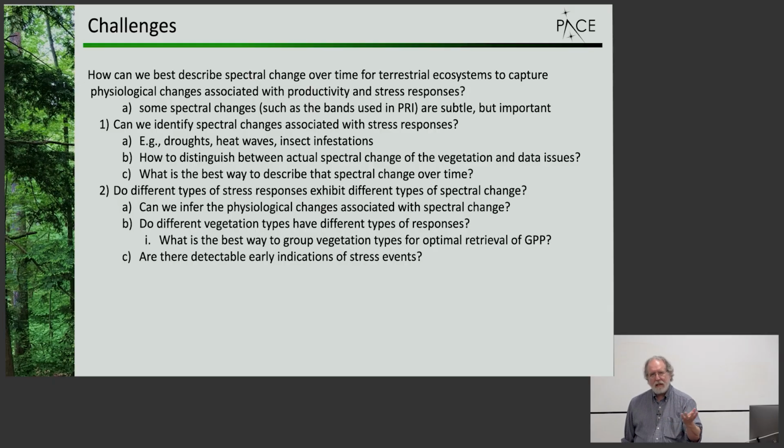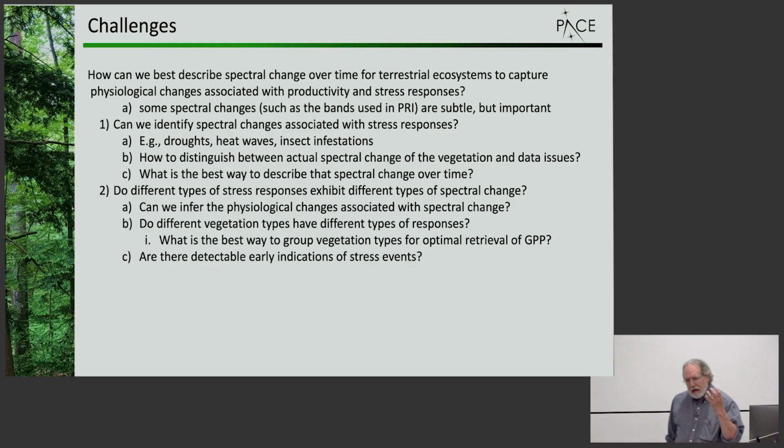Is there some sort of problem with the data processing? Identifying the difference between problems with the atmospheric correction or angular views or other factors and actual stress responses is something that needs to be worked out. And then again, what's the best way to describe this spectral change over time? How do we do that?